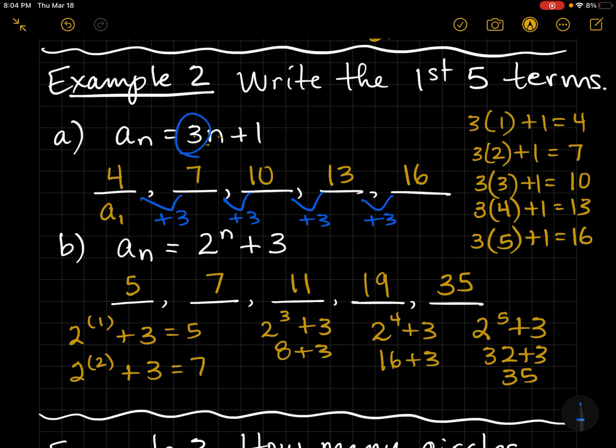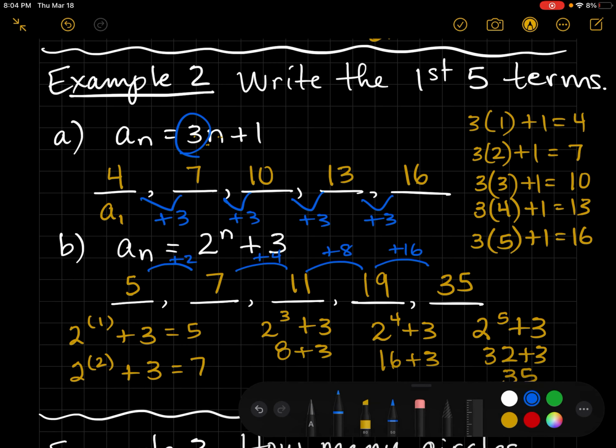That's the rate of change. Well, when you look here, it's not quite as obvious, but notice we went up by 2. We went up by 4, up by 8, and by 16. So there are some patterns here, but we depended on the formulas.